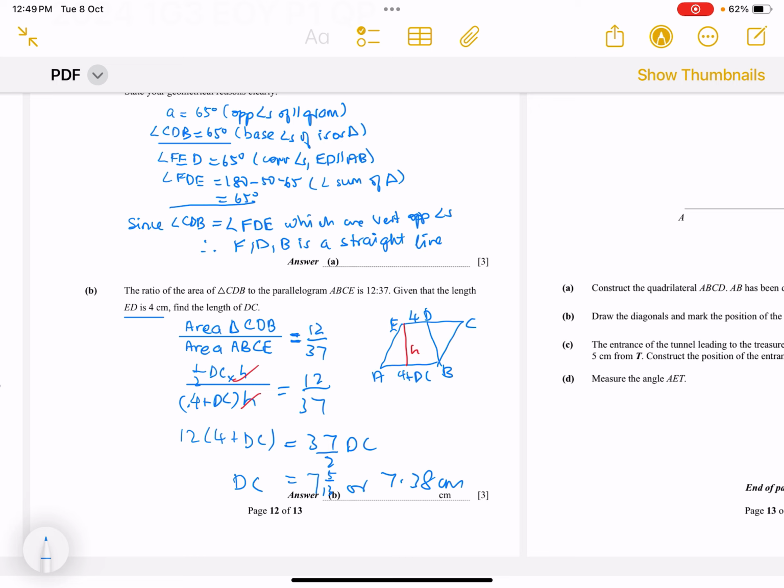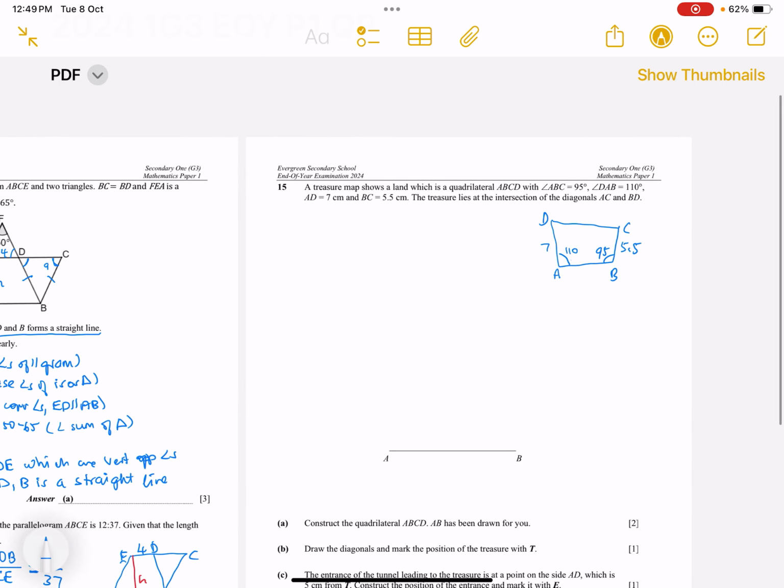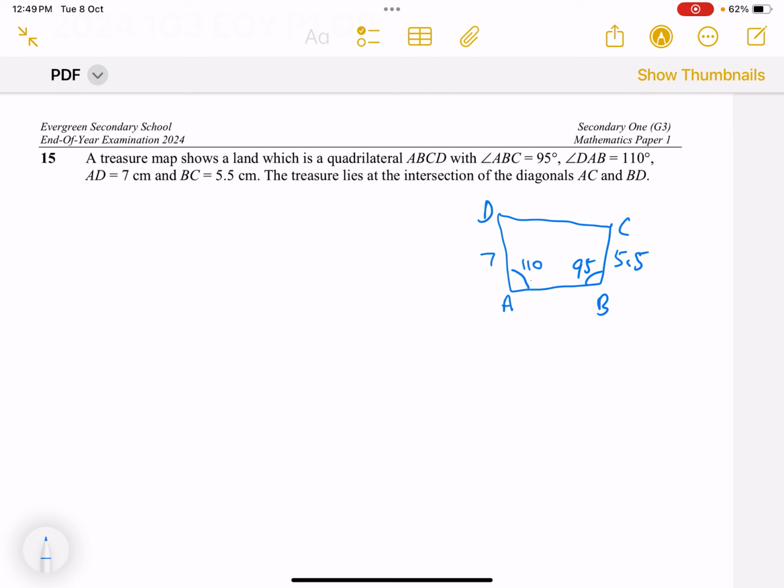Now we move on to the last sum. The last sum is on construction. So we always draw a rough diagram so that we know what we are constructing. So the side AD is 7 and the side BC is 5.